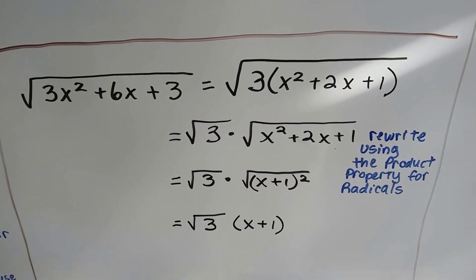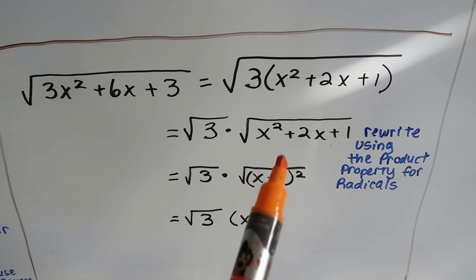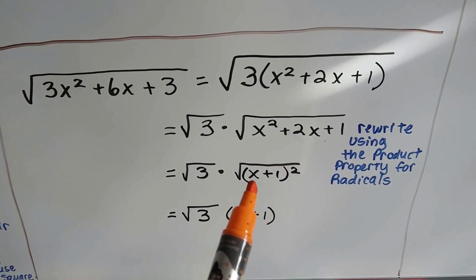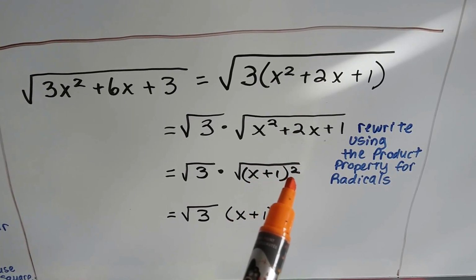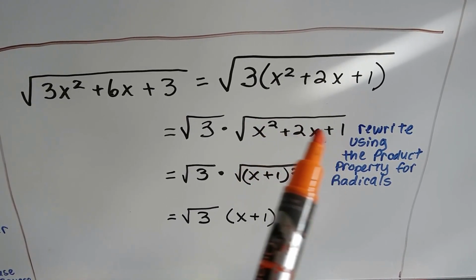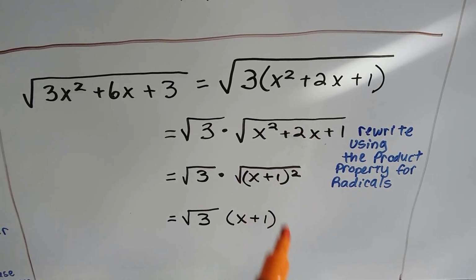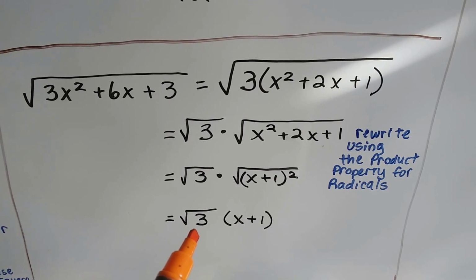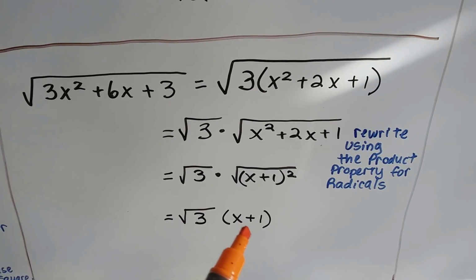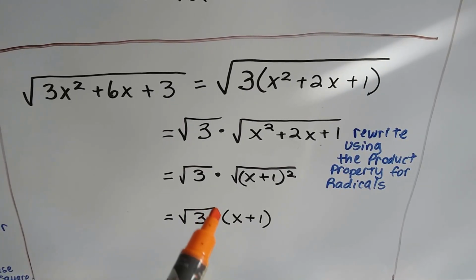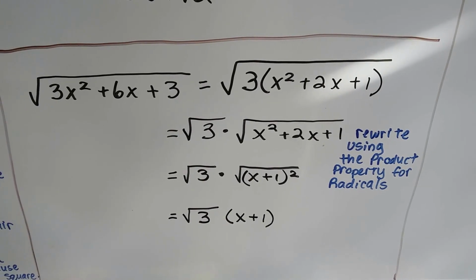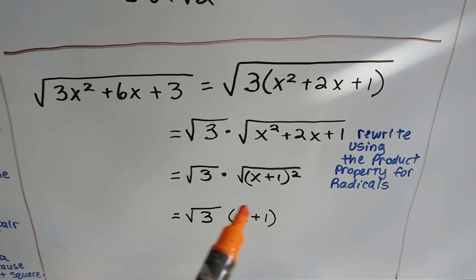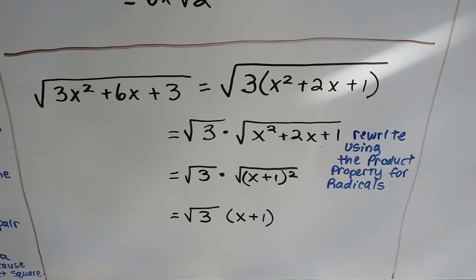We can rewrite using the product property for radicals, and we can rewrite this one as x plus 1 squared, couldn't we? Because if we unfoiled it, it would come out like that, wouldn't it? So now we've got the square root of 3 and x plus 1 on the outside of the square root symbol. See that? We don't include it underneath the vinculum, okay?